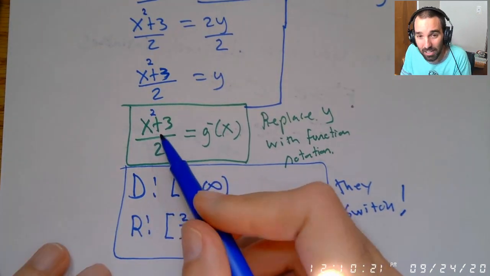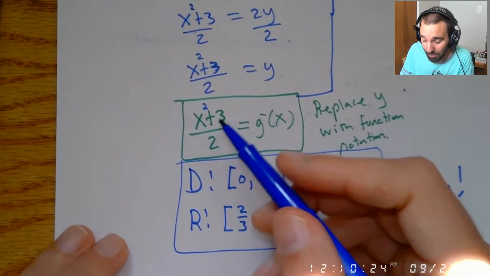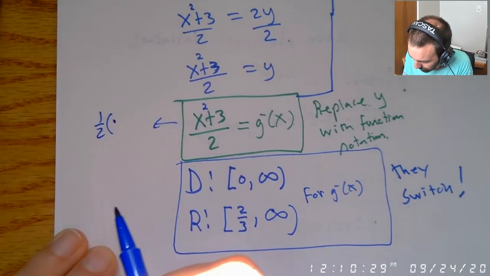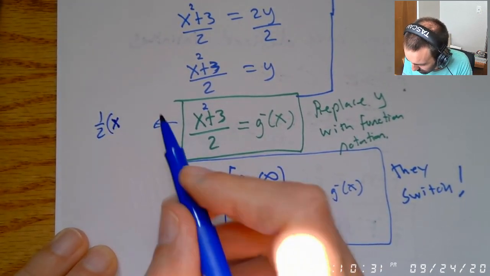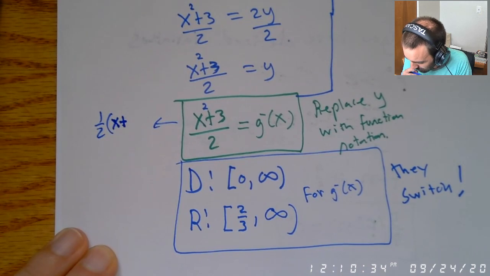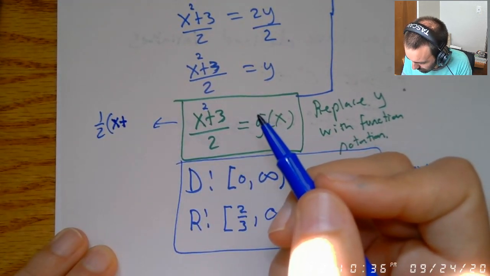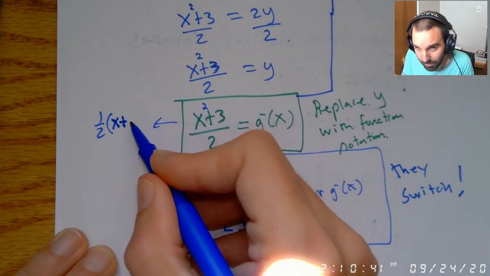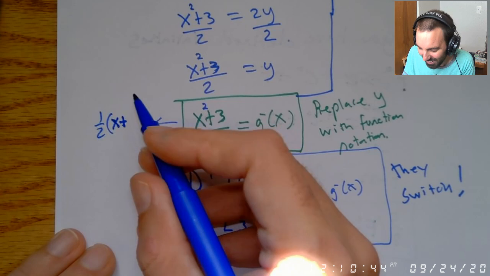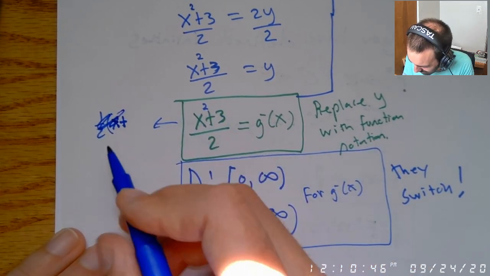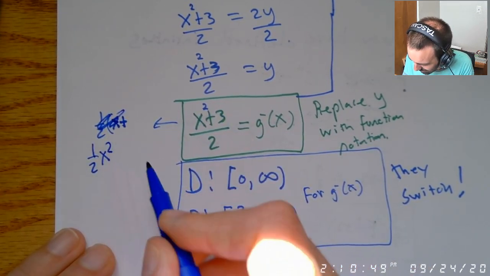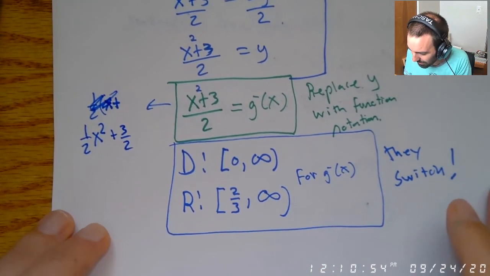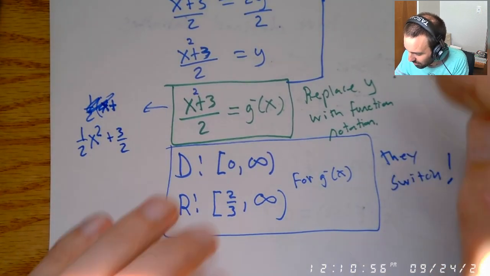And if you think about that, if I write this out in more of a standard notation, this is 1/2 x squared plus 3/2. So think about it. Did I do that right? Oh my God, guys.